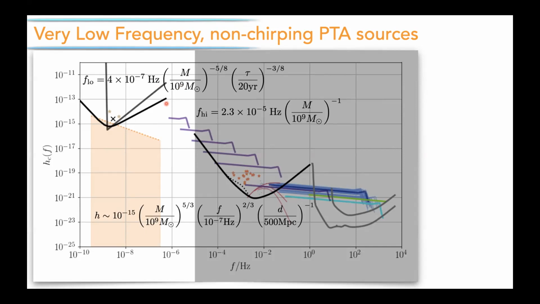So what that means is that these really massive guys aren't chirping over here. They're continuous, kind of sinusoidal sources because they're big enough we can detect them before they're fast chirping. So they're kind of sitting there forever. So if we detect single merging supermassive black hole binaries at these frequencies, we'll be able to see them forever.